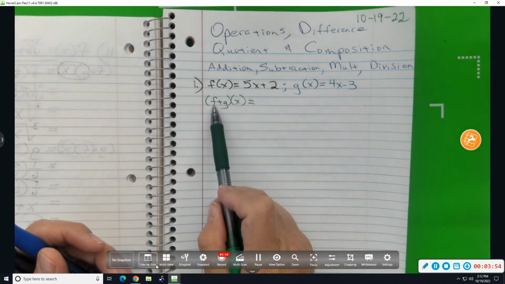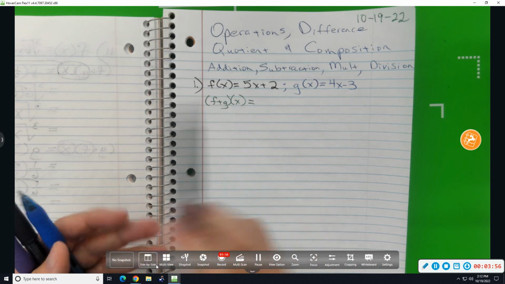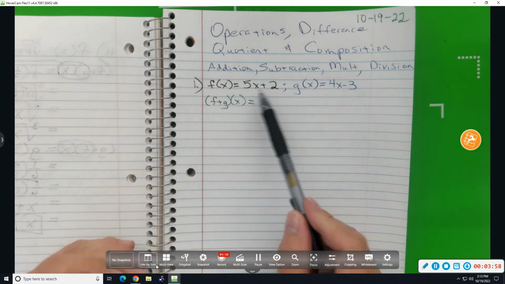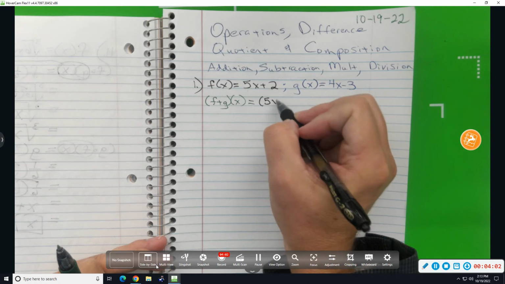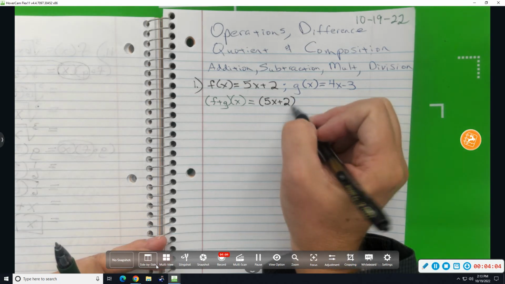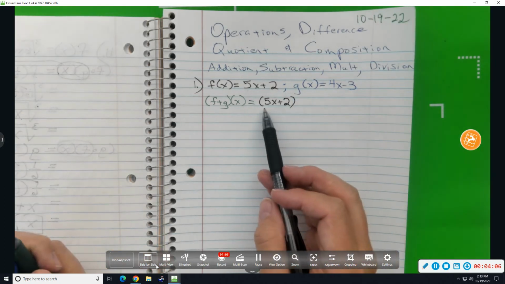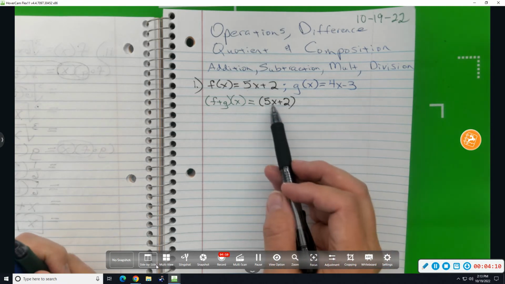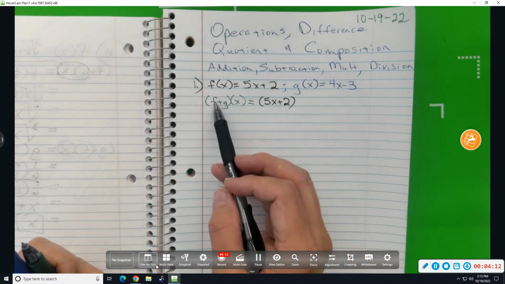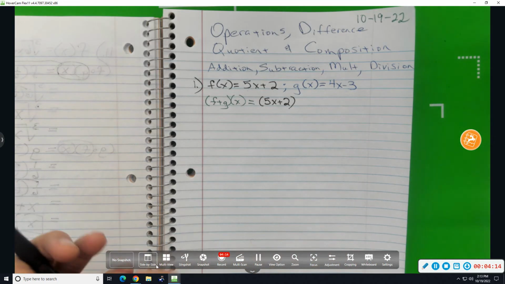You're adding f and g. So we know f is 5x plus 2. And you'll notice I'm enclosing that, 5x plus 2, in parentheses just to make a note. Those terms came from f of x.